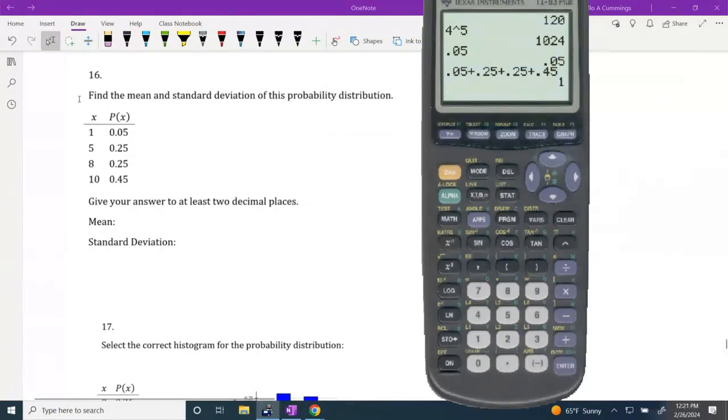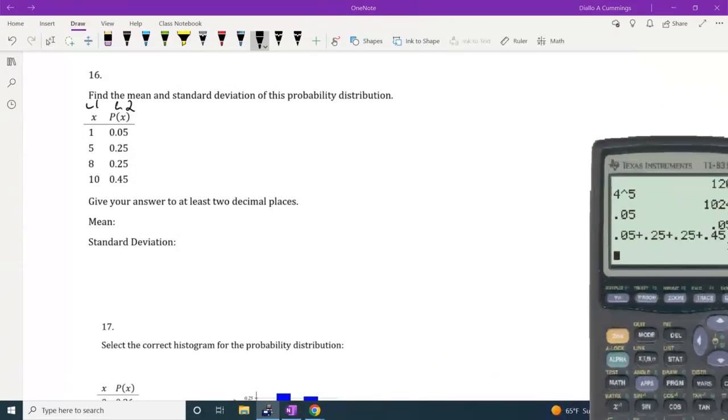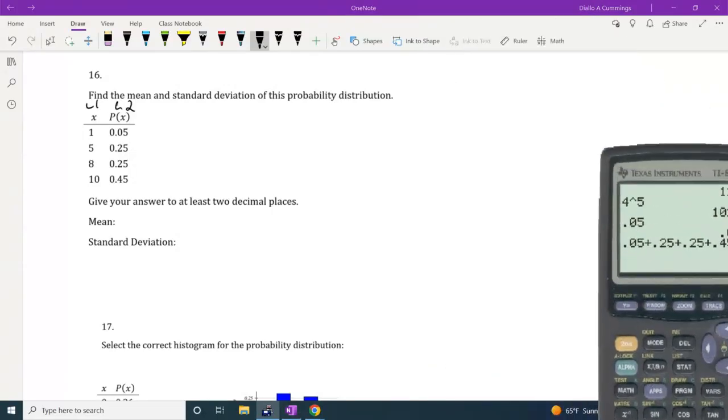So we're going to take the random variable and put that in as list 1. We're going to take the probability and put that in list 2. Now we're going to do something a little bit different.